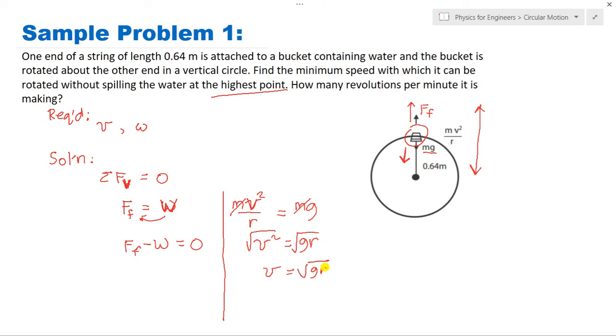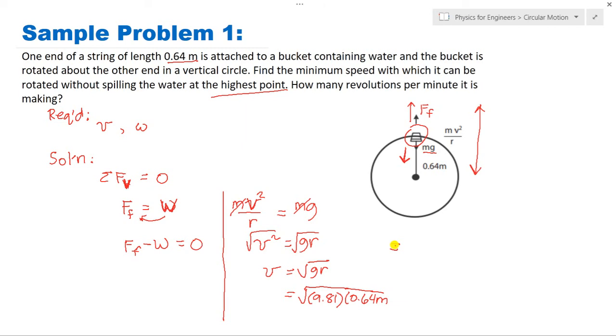Then we plug in the values. So this is equal to the square root of 9.81 times our radius. The radius is 0.64 meters. Then if you have calculators there, let me use my calculator.